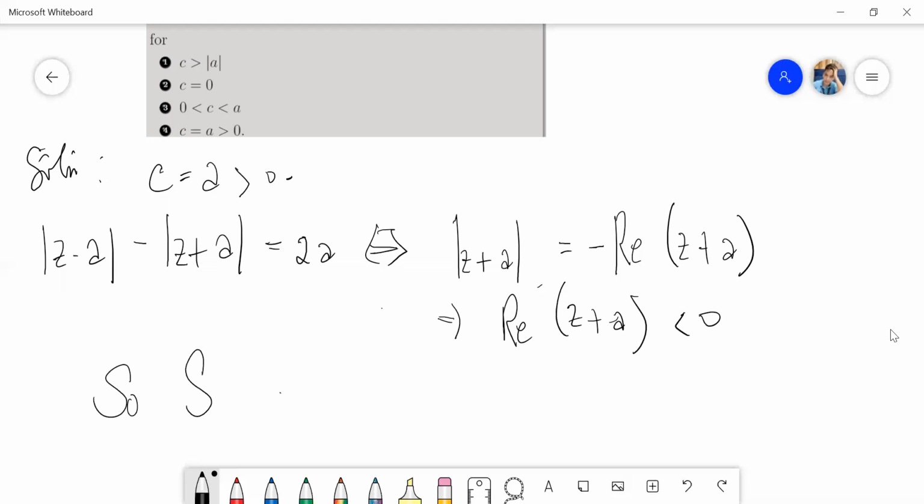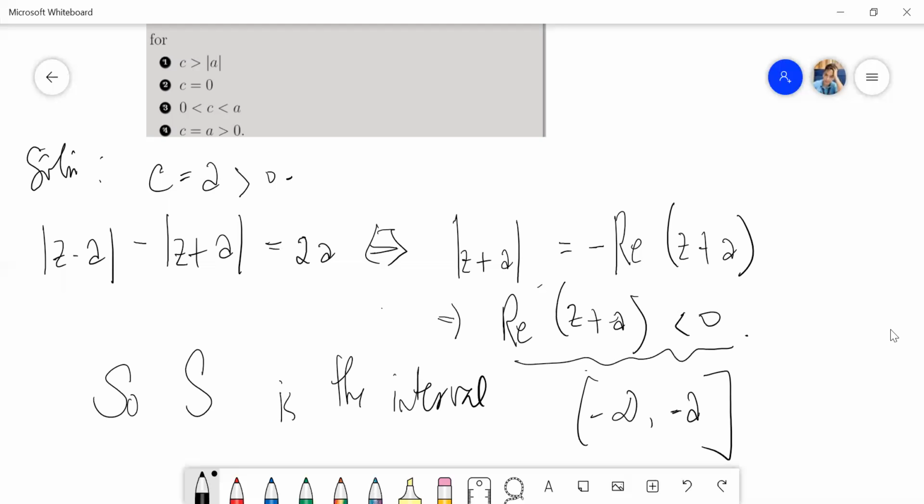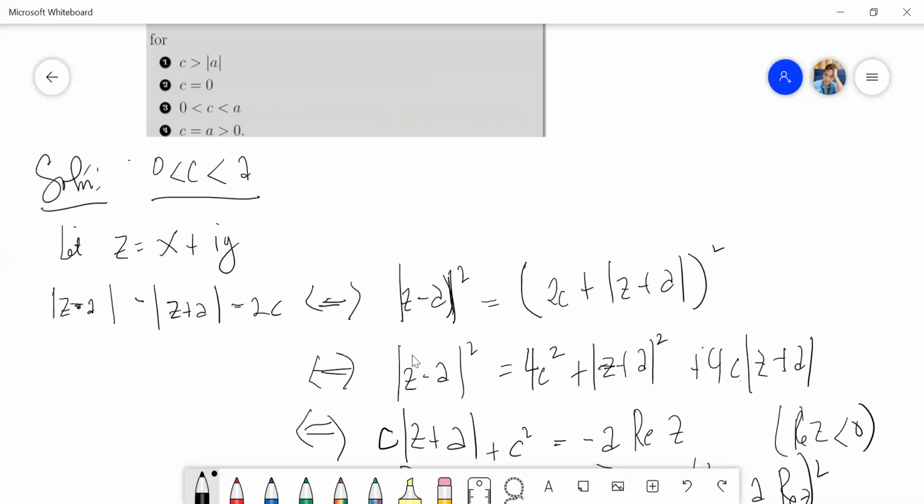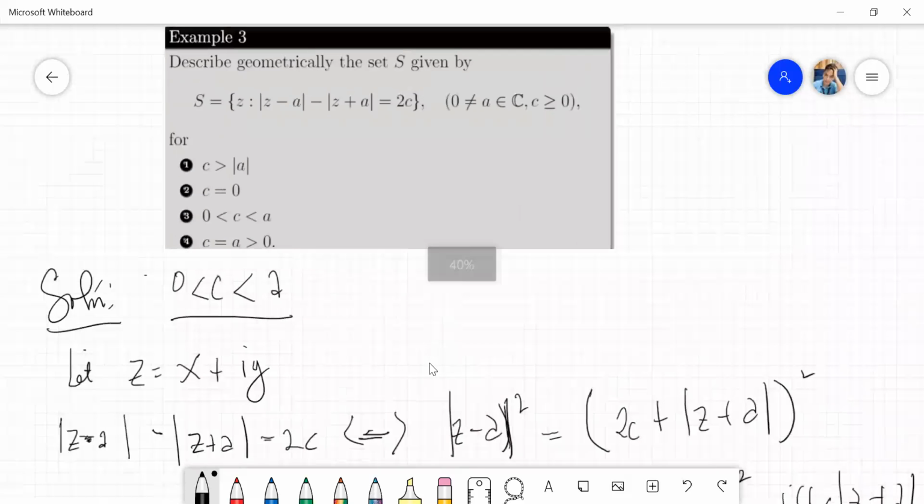Your S is the interval from negative infinity to negative a, by evaluating on this. And that's all. So we have now discussed everything about the 3 examples on the rectangular representation of complex numbers.